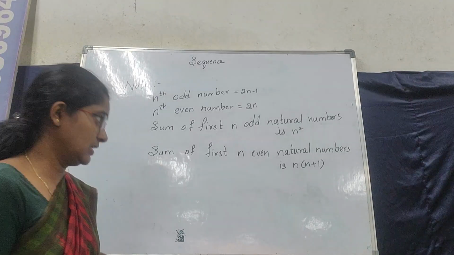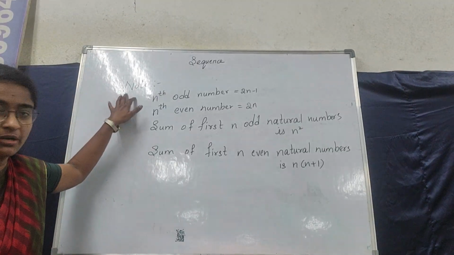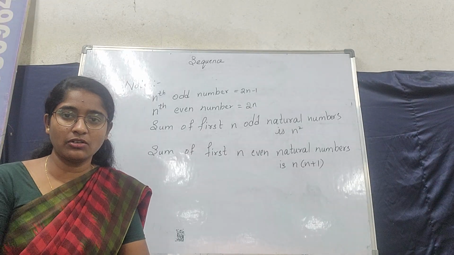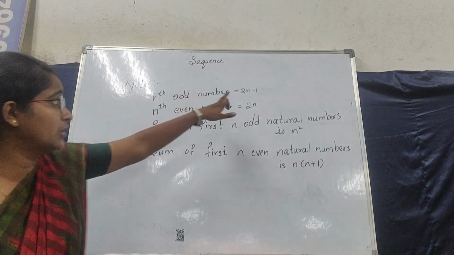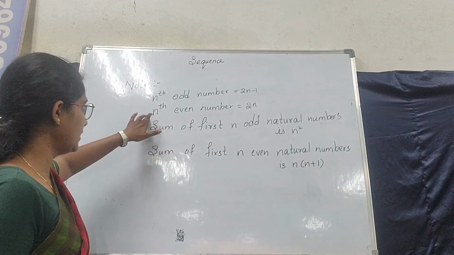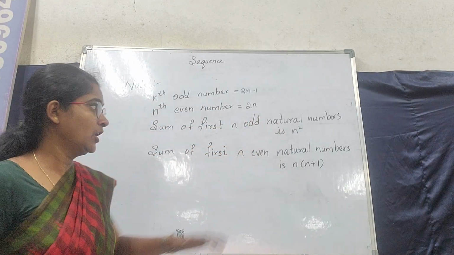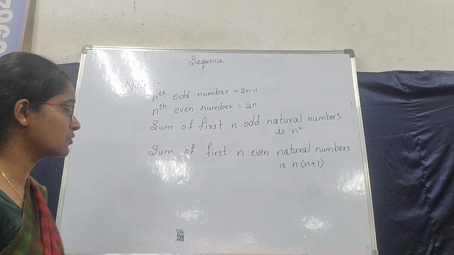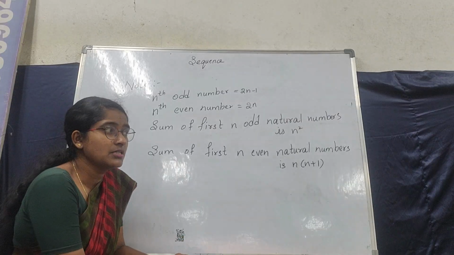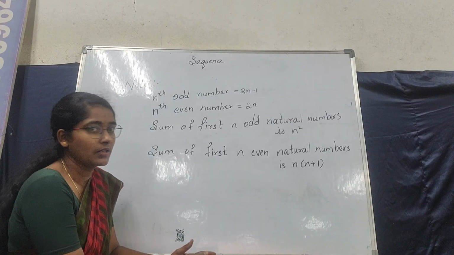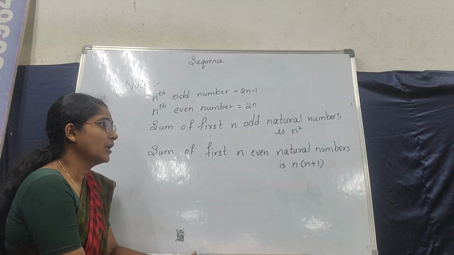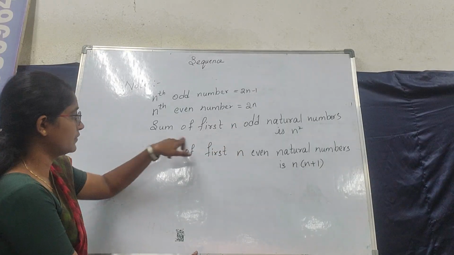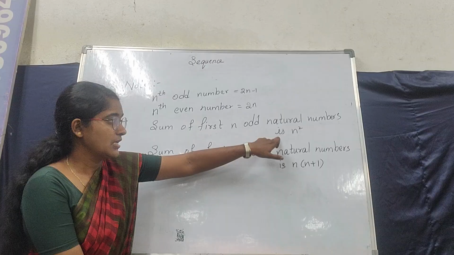Yes, coming to the next part, here is a note you have to remember. Odd numbers, you already know what odd numbers are. The nth odd number is 2n minus 1, and even numbers are like 2n. Then the sum of the first n odd natural numbers, like 1, 3, 5, 7 continuously, is n square.